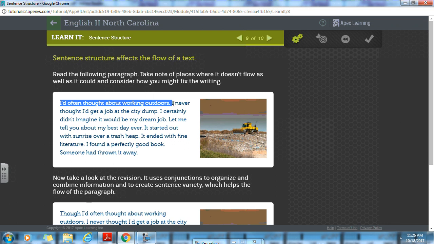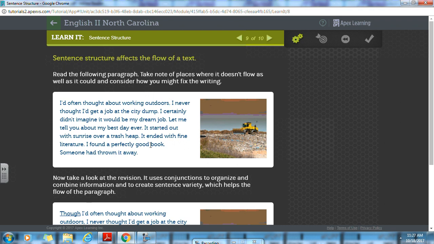Typically, topic sentences when you write are always going to be simple sentences because they're direct statements. I never thought I'd get a job at the city dump. Now, what you could do is combine these two sentences with the conjunction but, once again, that changes the flow. I certainly didn't imagine it would be my dream job.